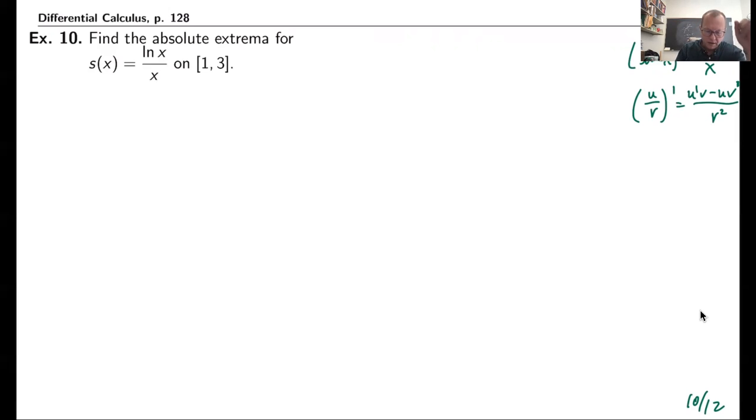Okay, so you've just unpaused, and we will find out for our S prime, we need to do the quotient rule, and we'll say the derivative of the top, log x, is just 1 over x times the bottom minus log x.